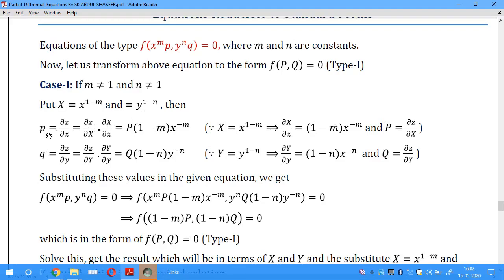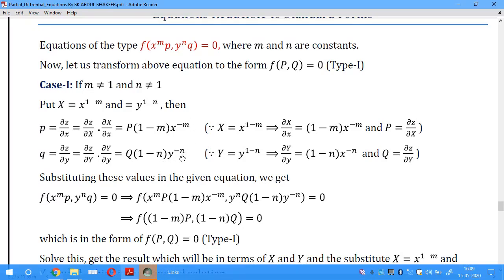And we will have the partial derivatives p and q. p is ∂z/∂x and q is ∂z/∂y. But ∂z/∂x can be written as ∂z/∂X into ∂X/∂x. But ∂z/∂X is capital P and ∂X/∂x is (1−m) x^(−m), because (1−m) x^(1−m−1), the 1 gets cancelled, and we will have x^(−m). Similarly, we will have q, that is capital Q into (1−n) y^(−n).